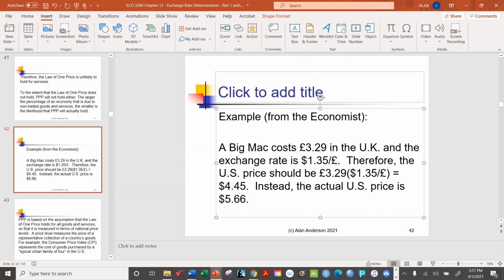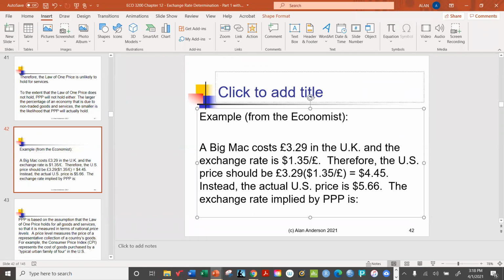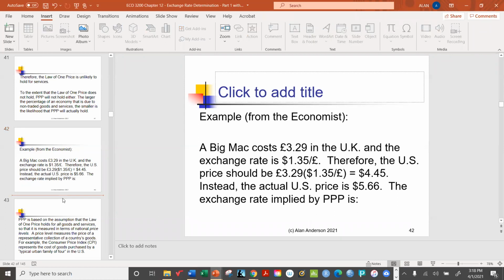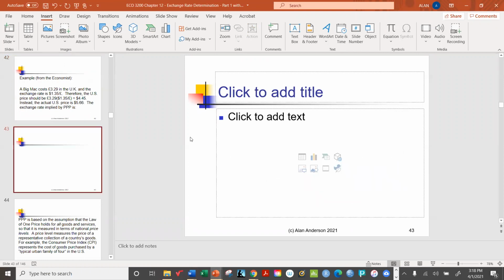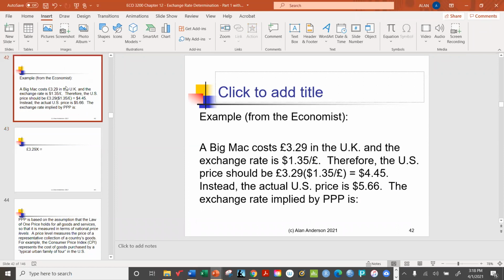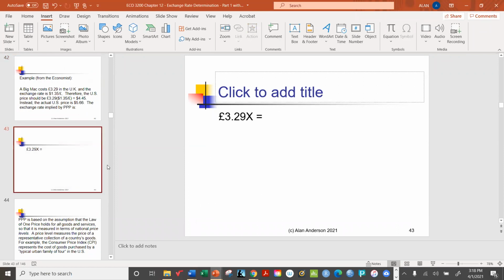Instead, the actual US price is $5.66. So what they're saying is that the exchange rate implied by PPP shouldn't be so low. The British pound exchange rate should be higher. How do you know how much higher? You take this expression, replace this 1.35 with X, and set that equal to the actual price in the US, which is 5.66.